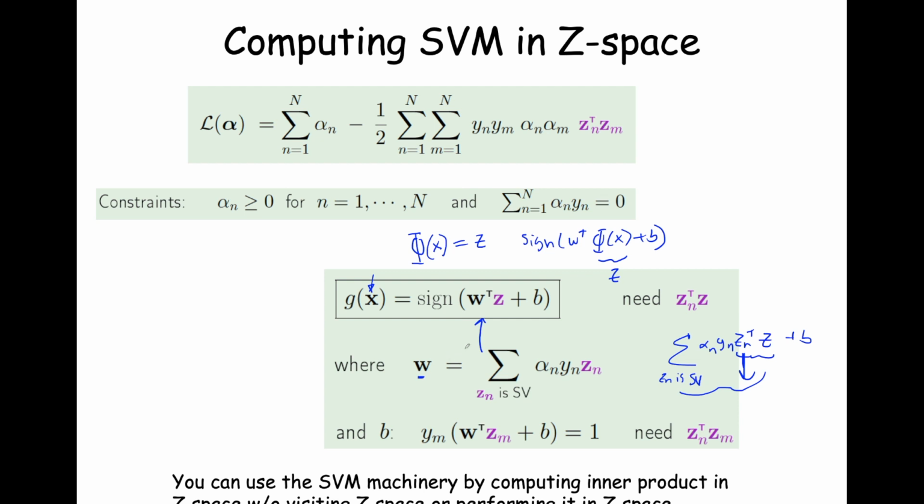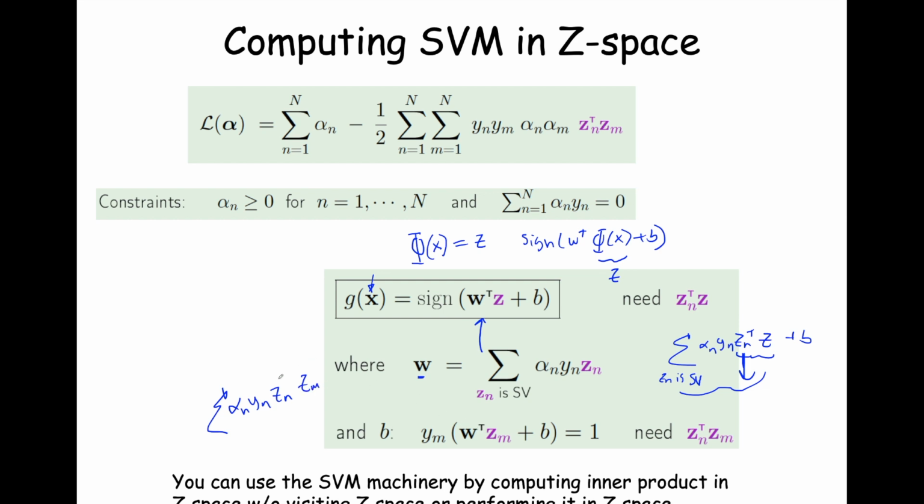Okay, so let's take a look at b. Well, in similar fashion to the version of support vector machine in x space, we take a single support vector in feature space, and we then solve the following equation: ym w transpose zm plus b is equal to 1. Now, of course, if we make that substitution for w, well, what do we have? We have alpha n, yn, zn, and we have zm. So that becomes the summation of alpha n, yn, zn times zm.